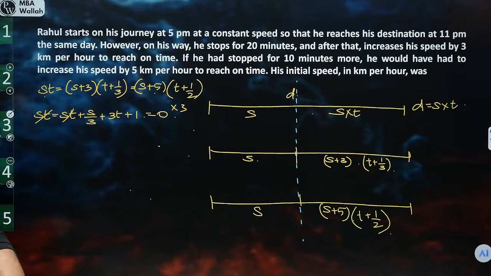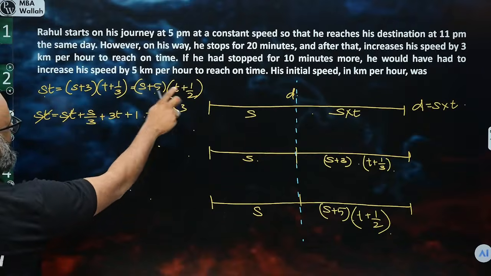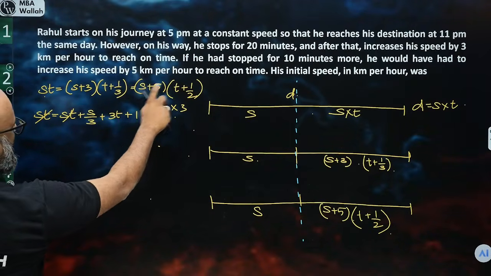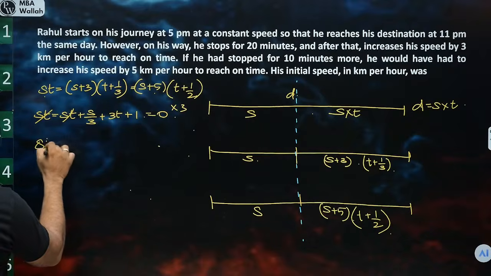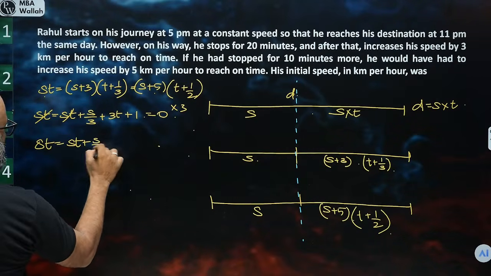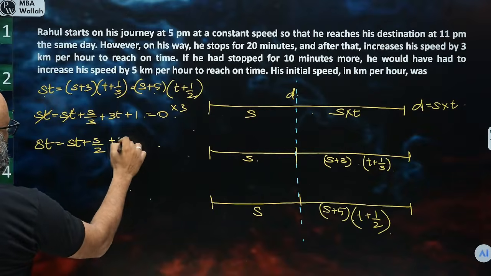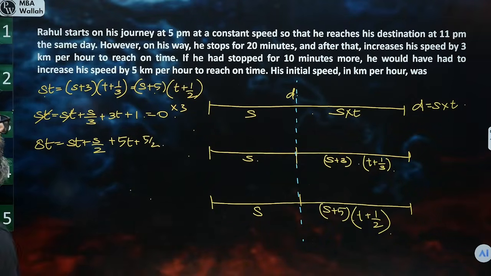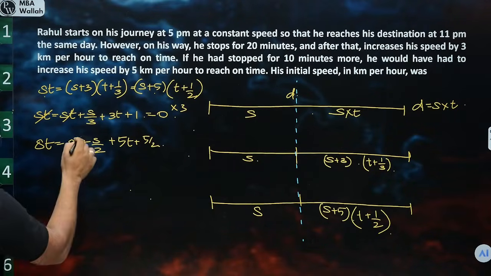The second equation says st gets cancelled: st is equal to st plus s by 2 plus 5t plus 5 by 2. 30 minutes is 1 by 2. What is the equation going wrong?